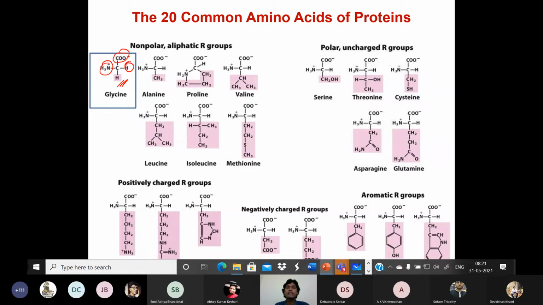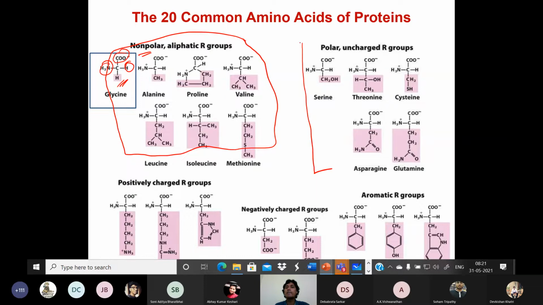So based on the side chain, we categorize the amino acids into different groups. For example, this group of amino acids has a non-polar side chain, or you can say a hydrophobic side chain. This group has a polar side chain. You can see CH2OH, here you have an OH group, here an SH group, all polar groups. Now this is the positively charged R group.